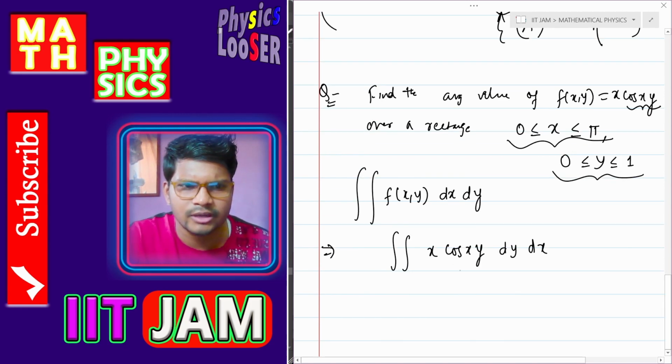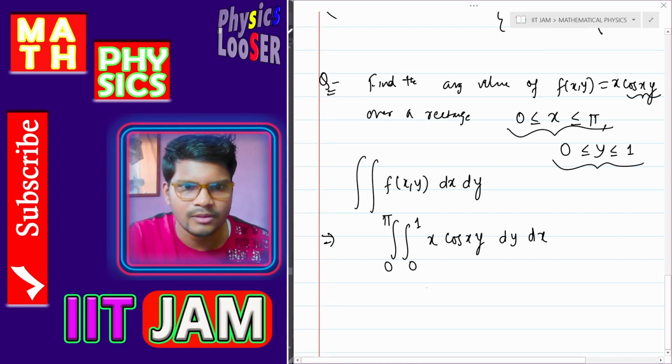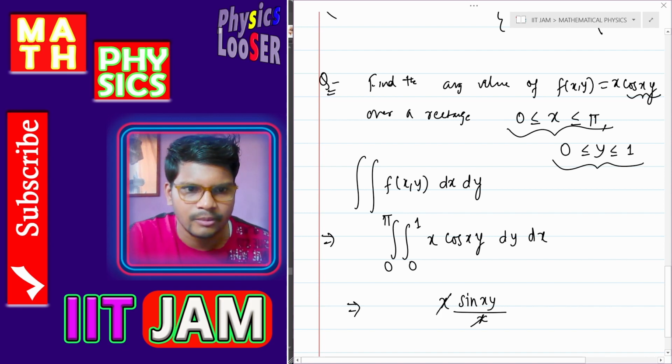Okay, so that things are not too complicated. So over here, if I'm choosing this one, this will be 0 to 1, and then this integral will be 0 to pi.